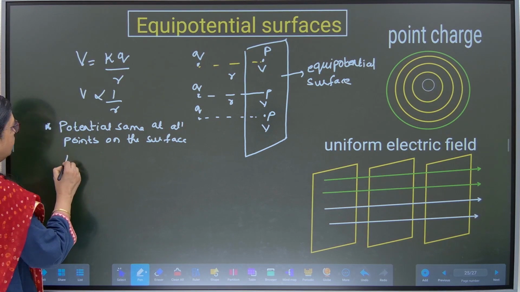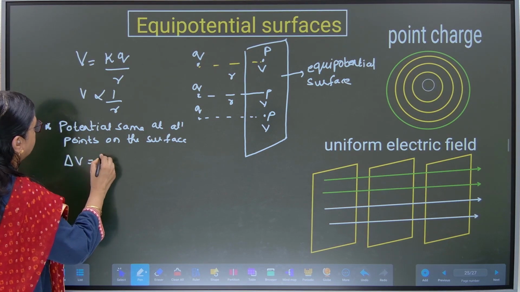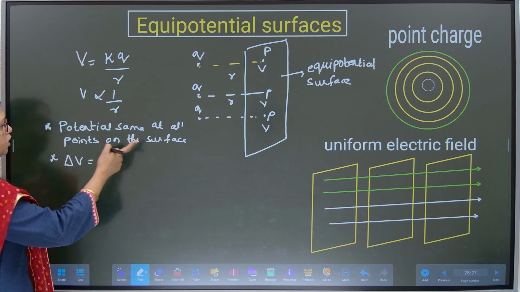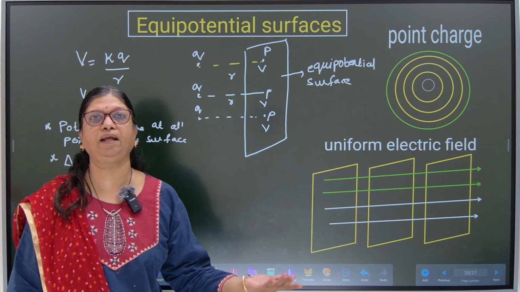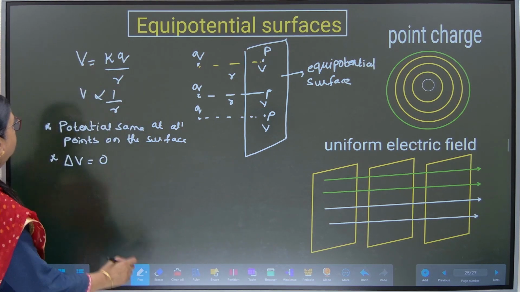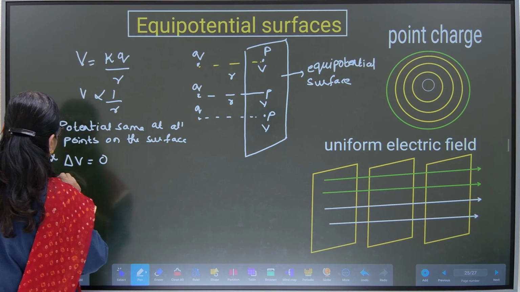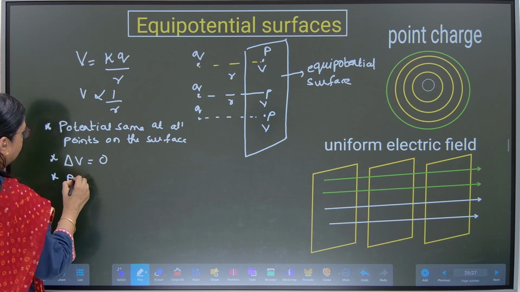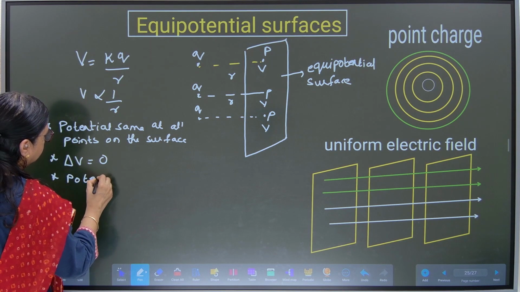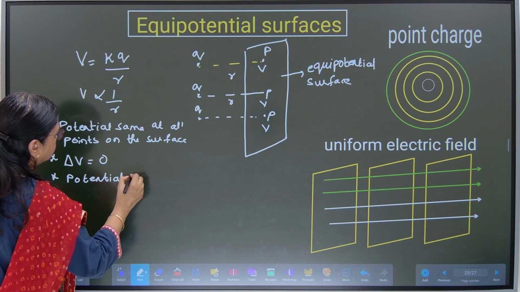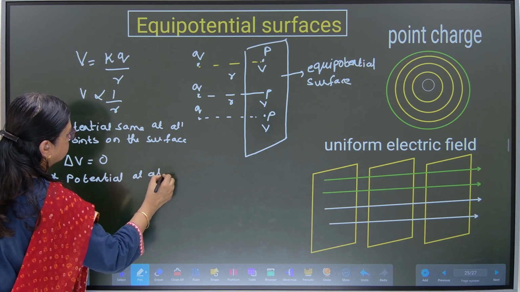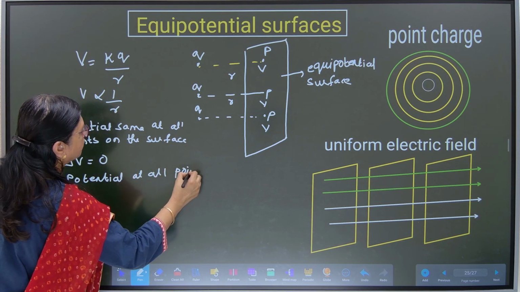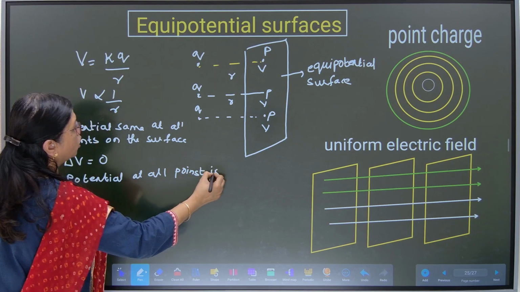The potential difference V is equal to 0 because potentials at all the points are same. Therefore, you can here also write that the potential at all points is constant.